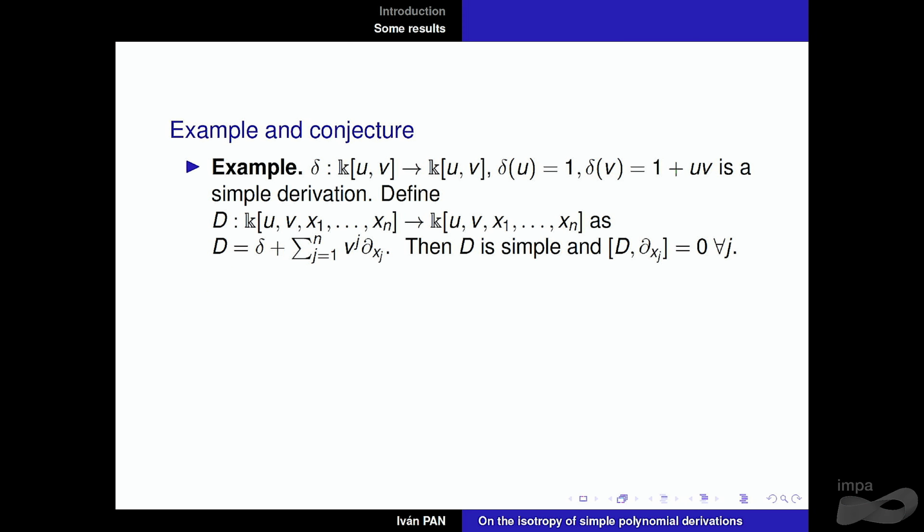This is simple, and also, which is clear, D commutes with the partial derivative in the other variables, because when you apply D to x_j it is v to the power j. Okay?